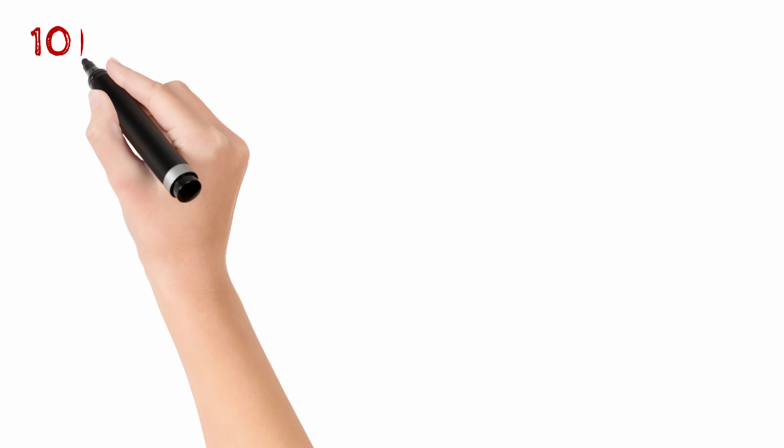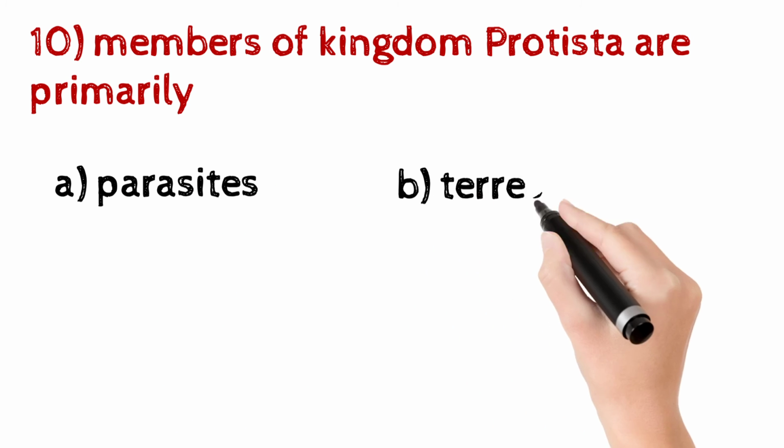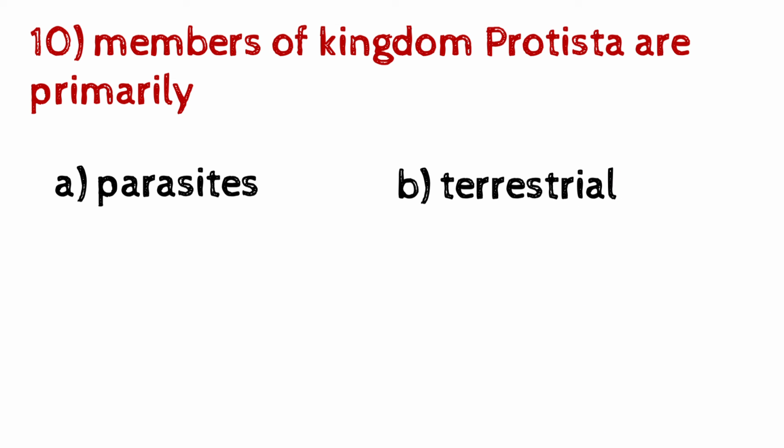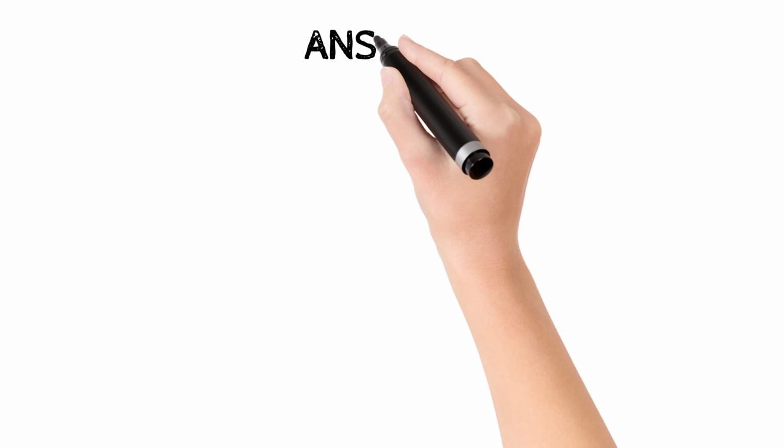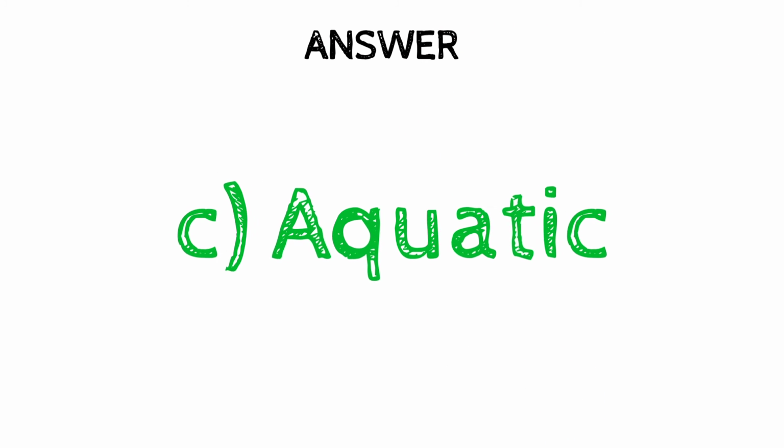Question number 10. Members of kingdom Protista are primarily: A, parasites, B, terrestrial, C, aquatic, D, photosynthetic. And the answer is C, aquatic.